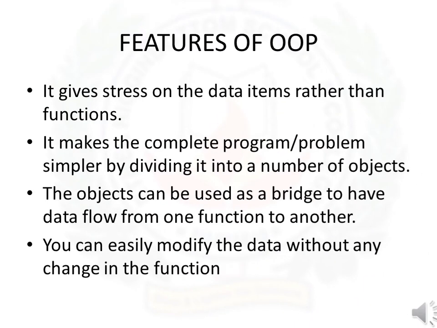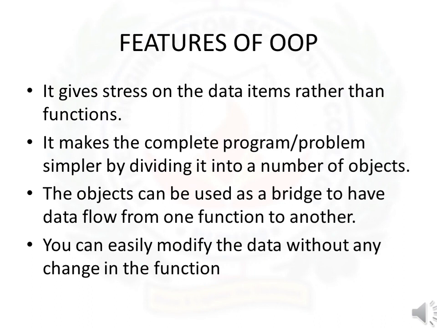Now we are going to see some features of object-oriented programming. Number 1, it gives stress on the data items rather than functions. But in procedure-oriented programming, it gives stress on functions. Number 2, it makes the complete program or any problem associated with it simpler by dividing it into a number of objects, not functions.